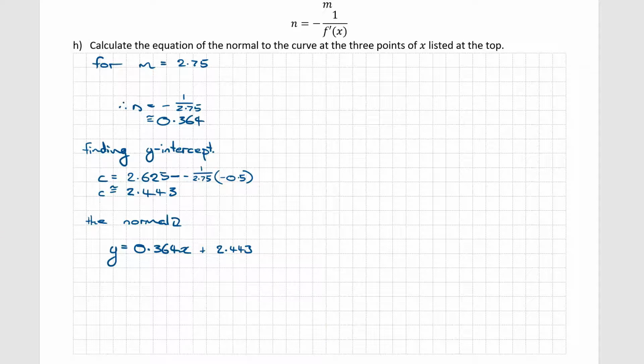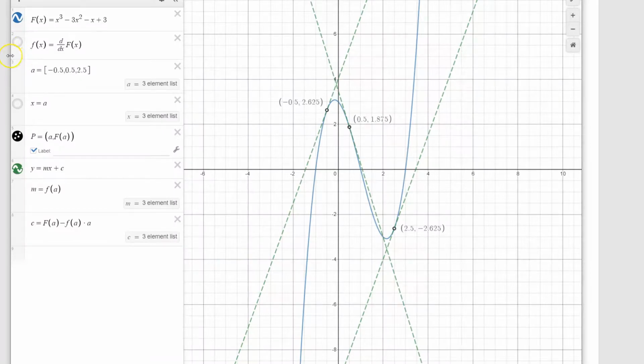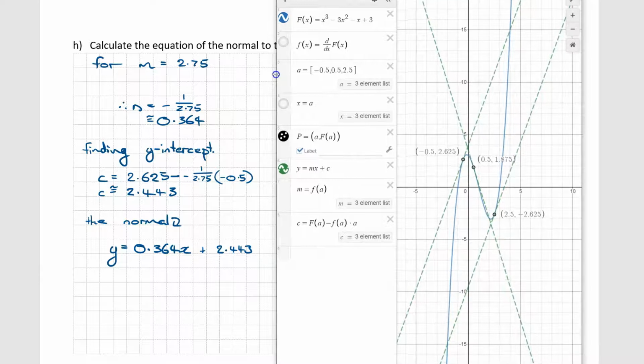Having a look at what that would look like in Desmos. So shrink that down a little, and where can we put it?